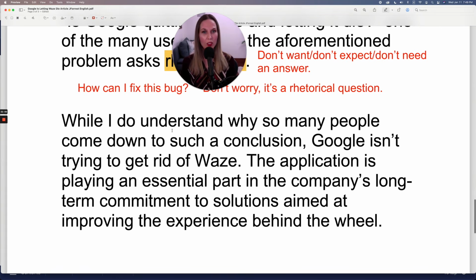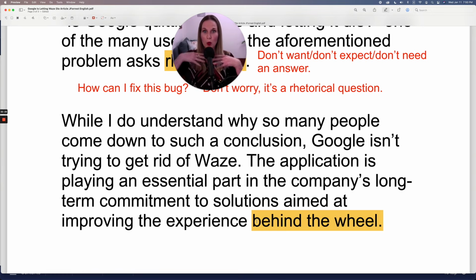While I do understand why so many people come down to such a conclusion, Google isn't trying to get rid of Waze. The application is playing an essential part in the company's long-term commitment to solutions aimed at improving the experience behind the wheel. Behind the wheel, this means while you're driving.